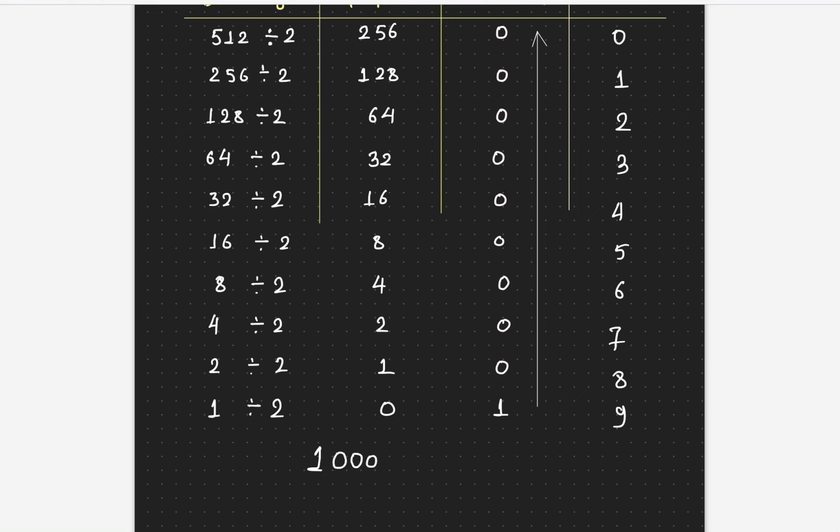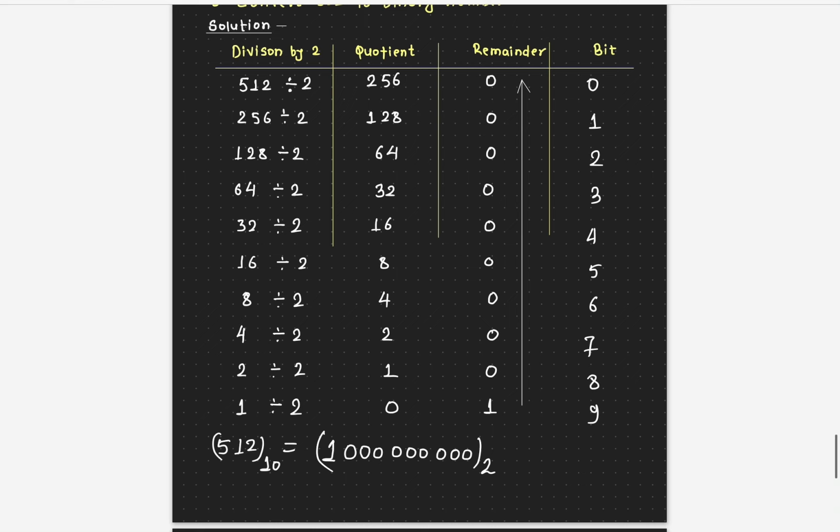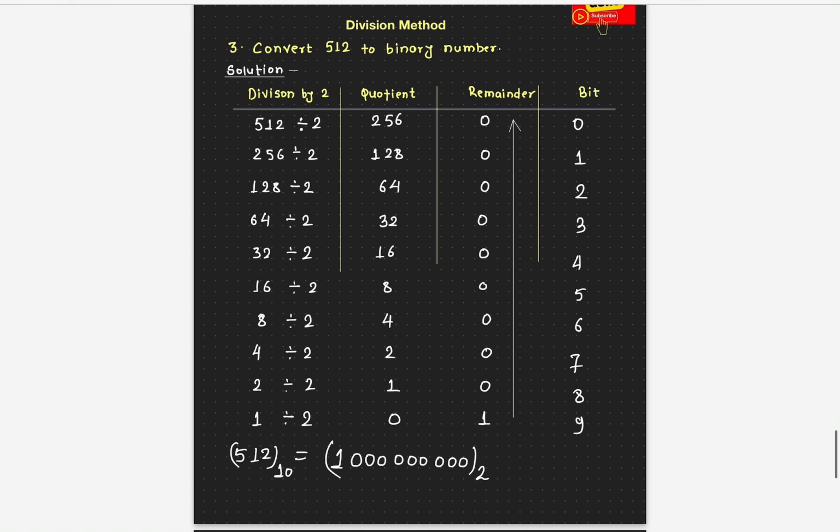And this is in the binary form, which is equivalent to 512 in the decimal form. So you see, this is a very simple approach to convert a decimal number into a binary number.